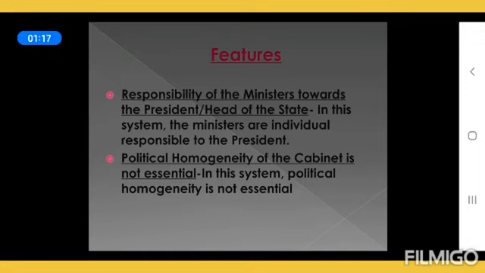So they are bound together by the commitment to a single ideology and the program of the party as mandated by the people in the elections. It also acts as a guide for them. So it helps the ministers to collectively work as a committed and dedicated team. So ideological unity is a source of strength for them all.